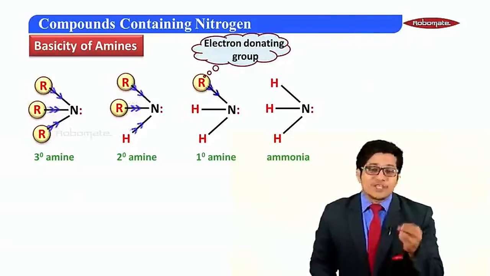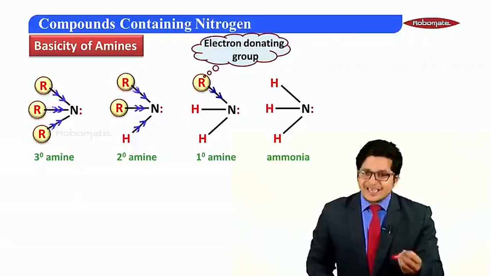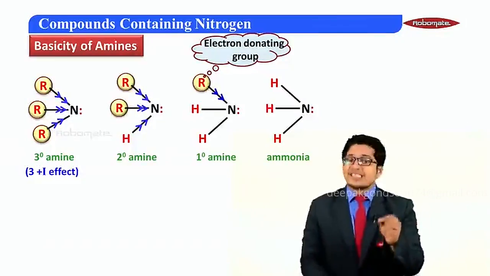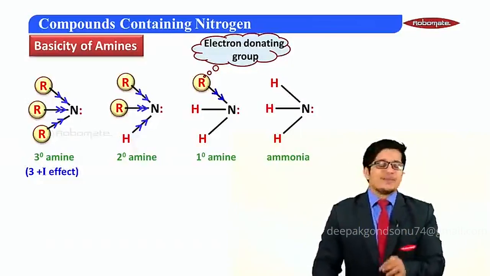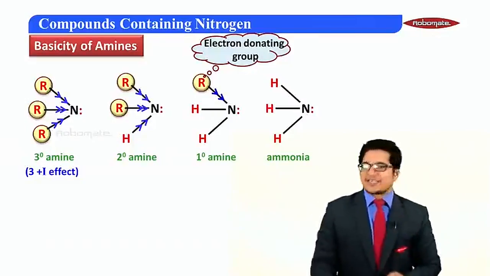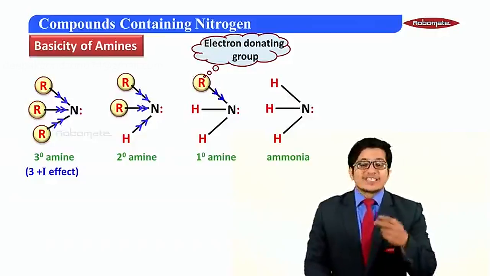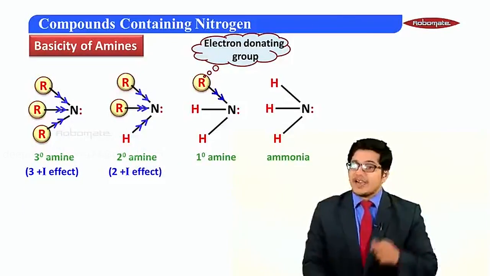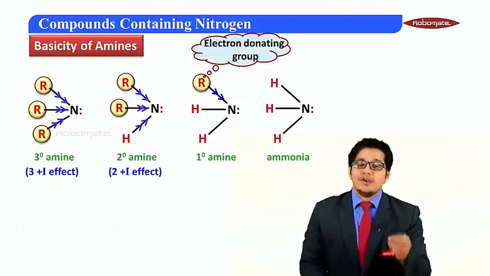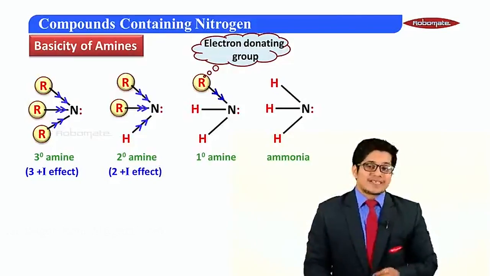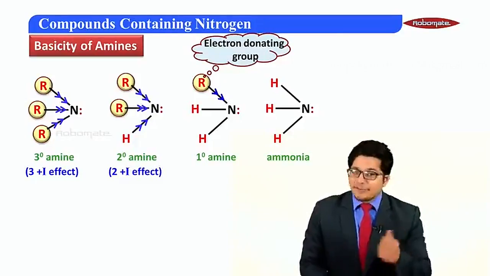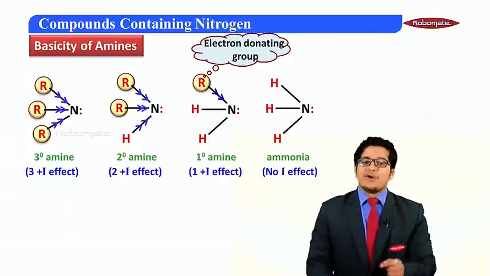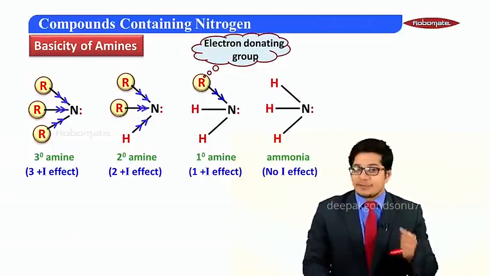Therefore in a tertiary amine there would be a plus I inductive effect, but it would be 3 plus I inductive effects, whereas in a secondary amine it would be only 2 plus I inductive effects. Hydrogen would have no crucial value of inductive effect. And in a primary amine, it would be only 1 inductive effect, whereas in ammonia, no inductive effect would be present.